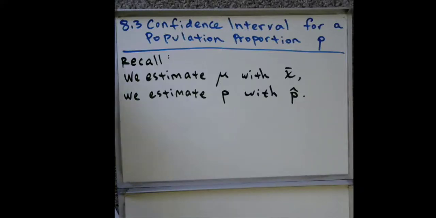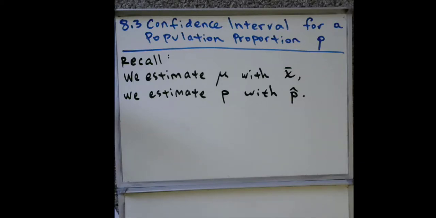In this video, we're going to look at how to create a confidence interval for a population proportion P. And we're going to piggyback off of some of our previous work because we've already made confidence intervals to estimate a population mean, mu, right?